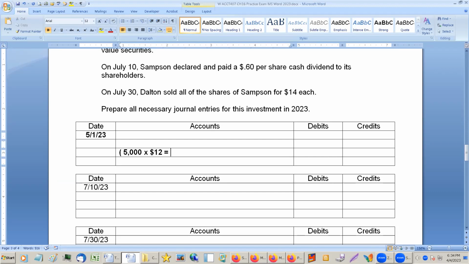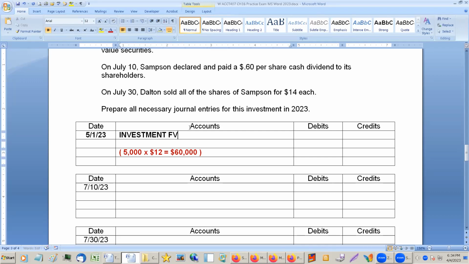Okay, so what's this going to be? Investment, fair value. Yep, good. You can just put FV for fair value if you want.